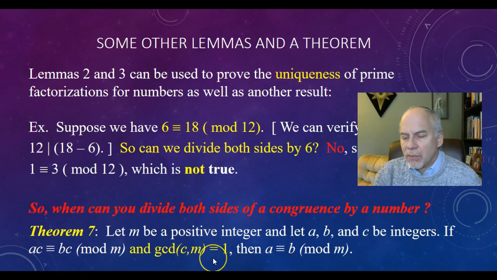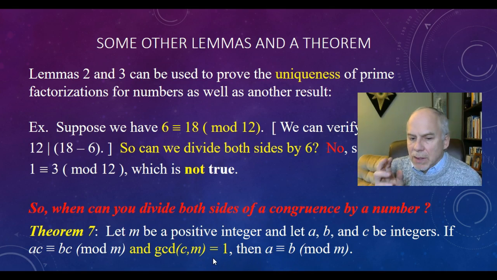In other words, they're relatively prime. If the number you're dividing by and the modulus, m, are relatively prime, in other words, the greatest common divisor of them is 1, then you can divide both sides by c, and you get a congruent to b mod m. And so study this, and we'll look at the next lesson in a moment.